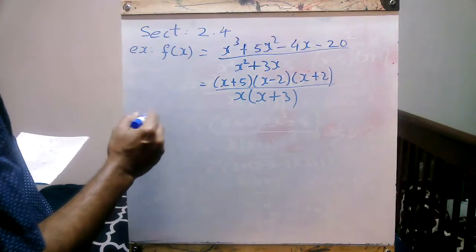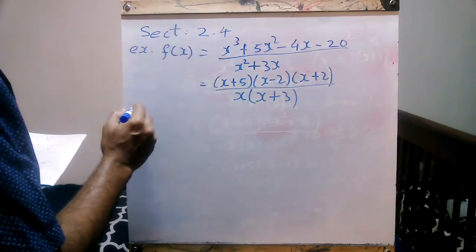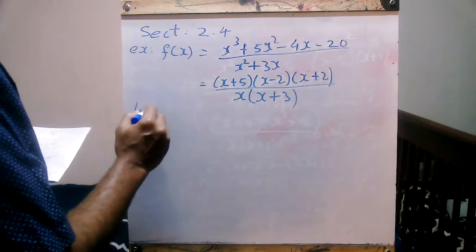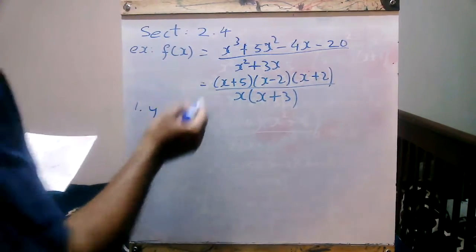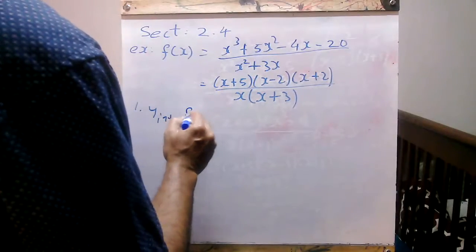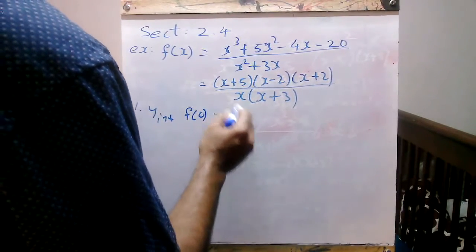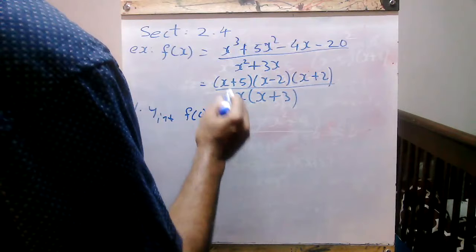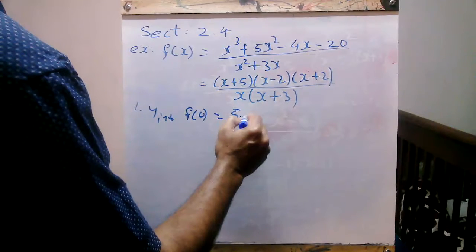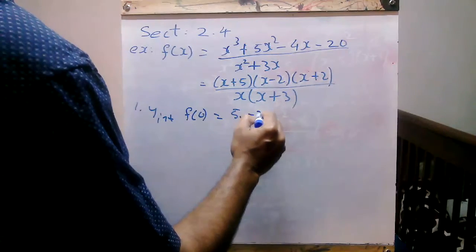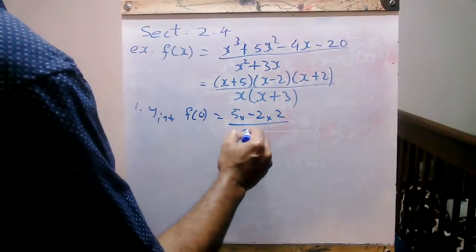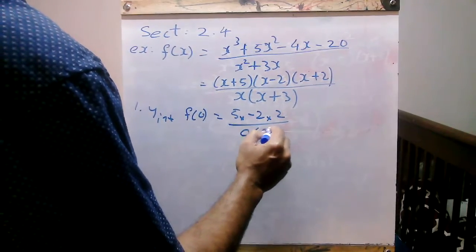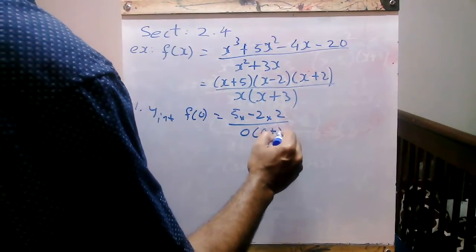Let's follow those steps. Number 1, y-intercept. For the y-intercept we set x to 0, f(0). When you substitute 0, we get 5 times negative 2 times 2 divided by 0 times 0 plus 3.